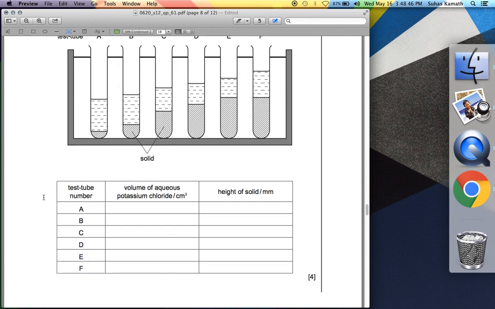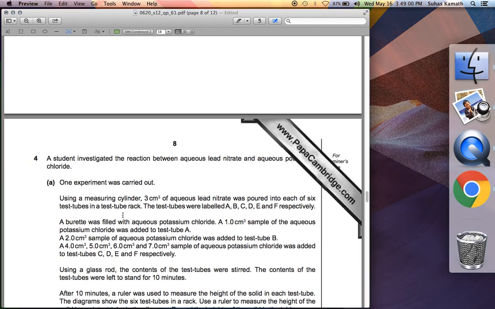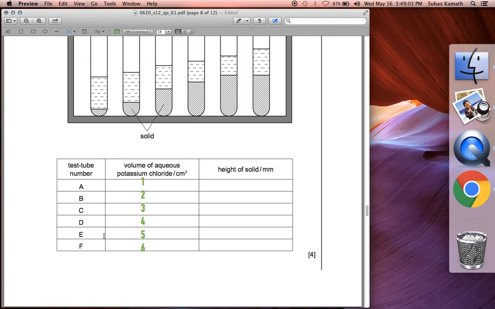So, we know this. Remember to put 0. Oh yeah, wait.